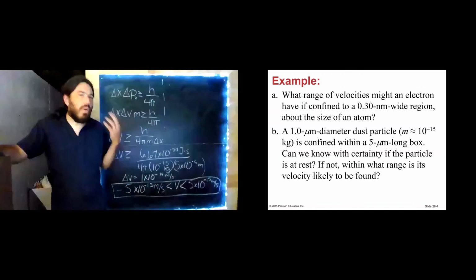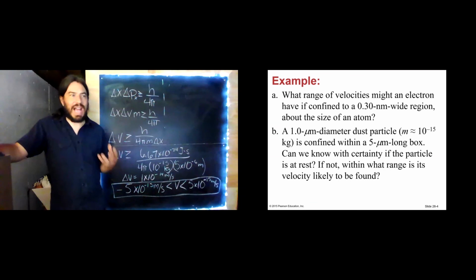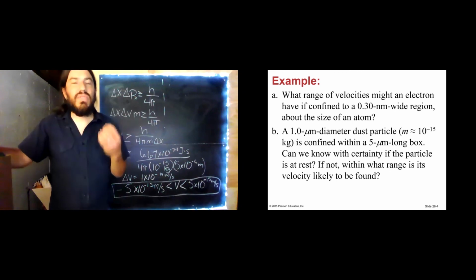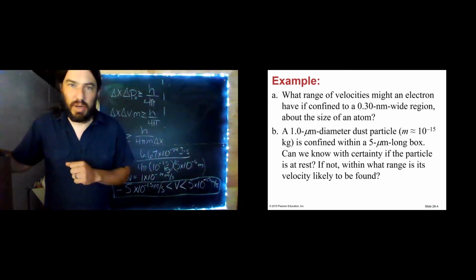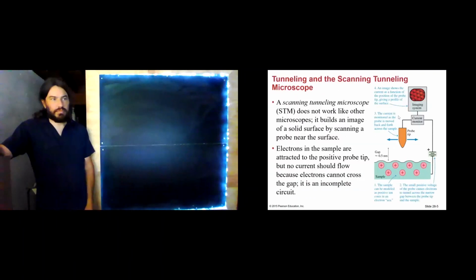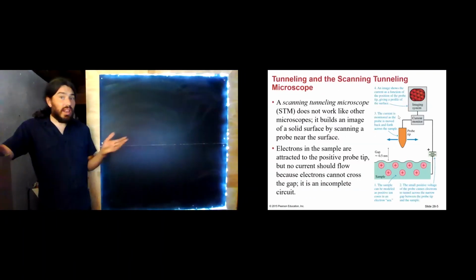Again, it is a quantum mechanical idea, and it really comes into play when we're talking about the very, very tiny, when we're talking about atoms and subatomic particles in molecules. And again, this is real stuff, right?